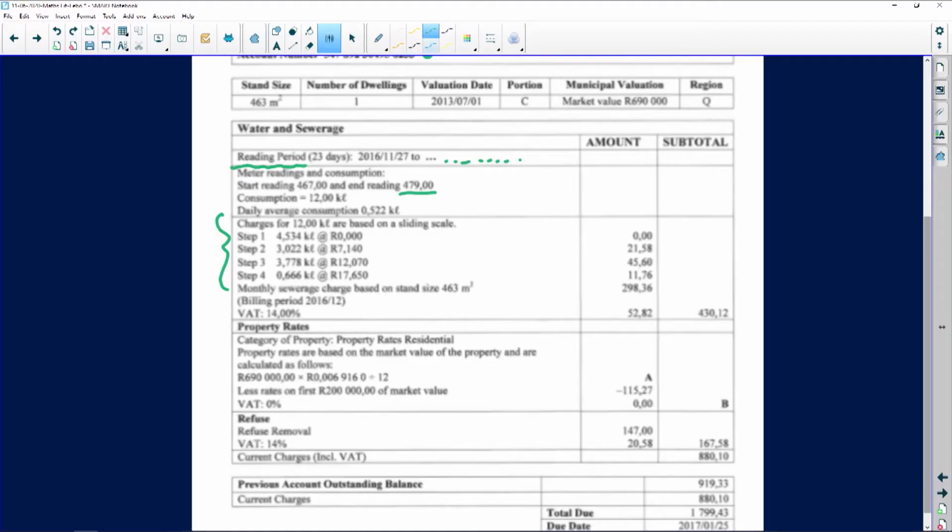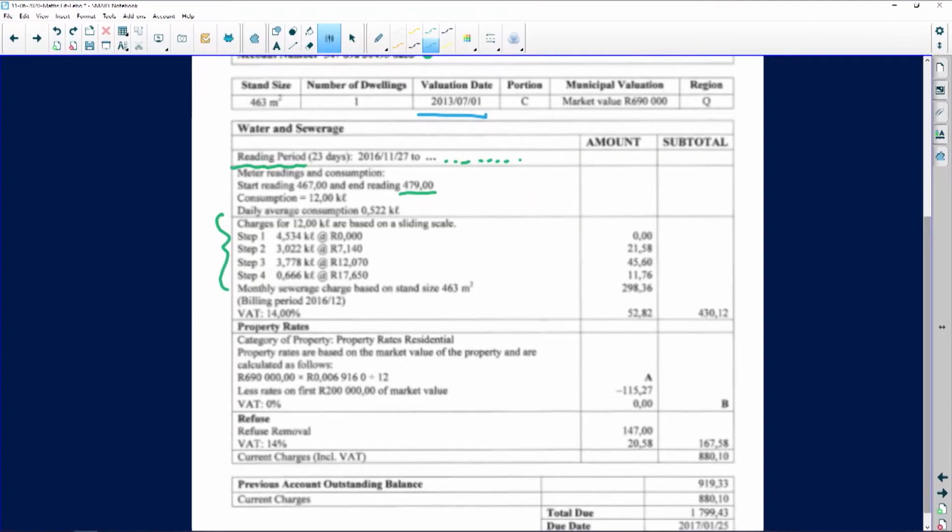The beautiful thing about maths literacy, it's real life stuff. Write down the valuation date. The valuation date is super, super, super easy. It's that date over there. It's 2013. It is there July the 1st. So it's the 7th month. It's July the 1st.